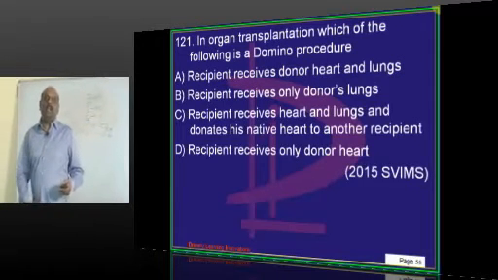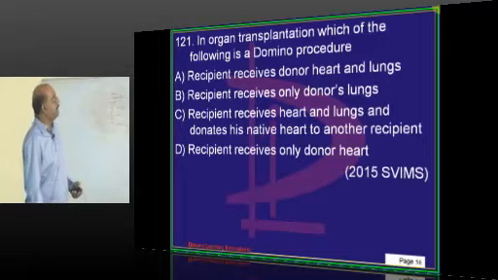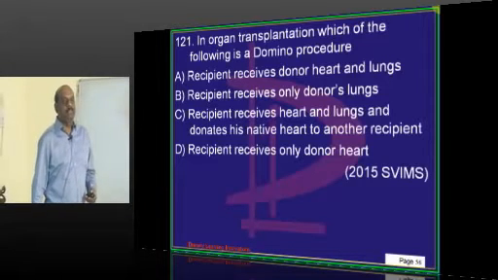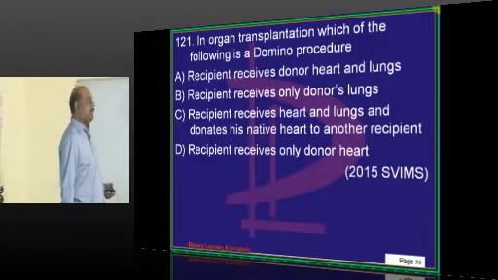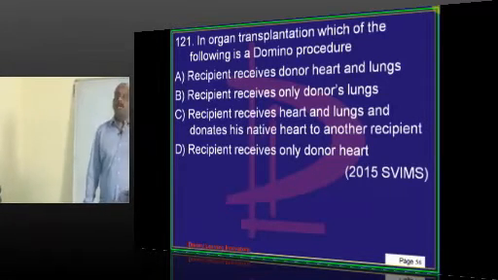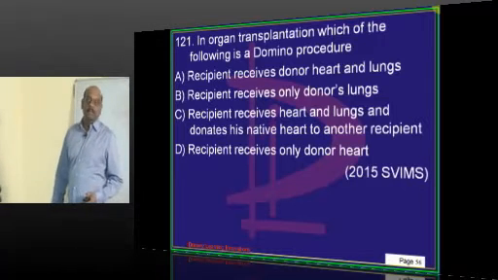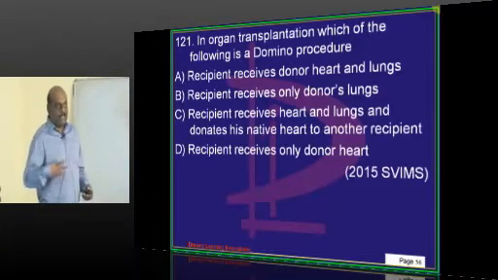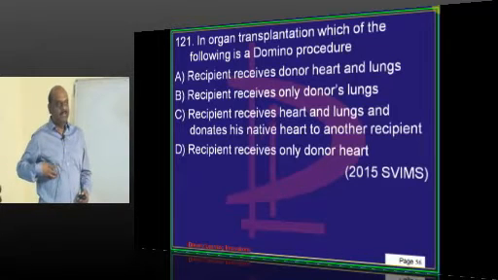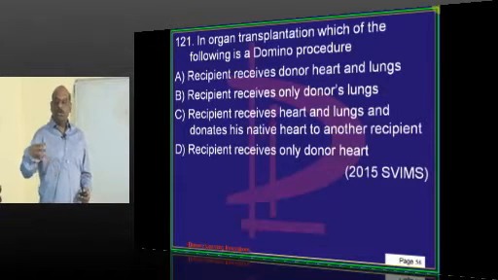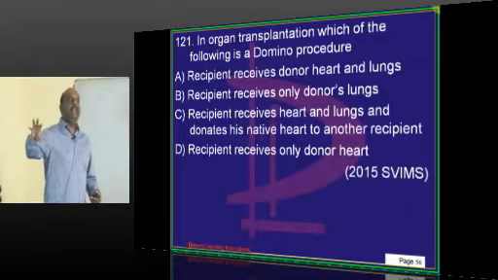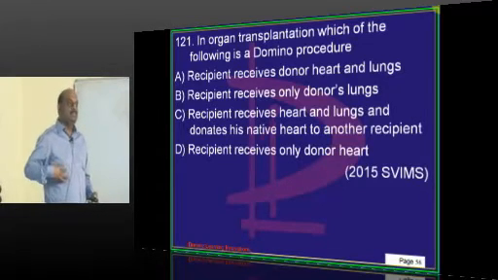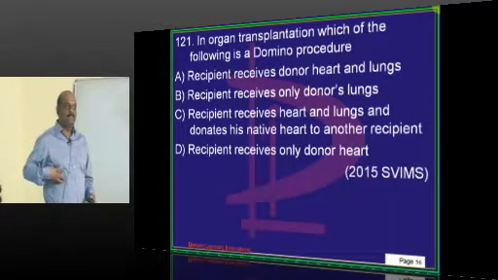Domino procedure means what in heart transplantation, organ transplantation. देखिए, किसी को हार्ट लंग ट्रांसप्लांटेशन किया आप, फॉर एग्जाम्पल की गॉट ए पूअर लंग्स, so only taking lungs from a cadaver will not be feasible.